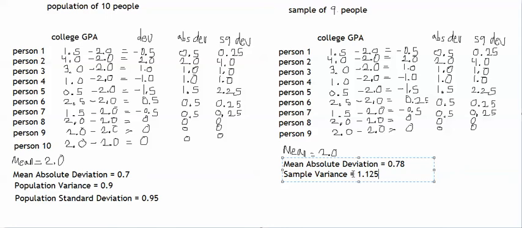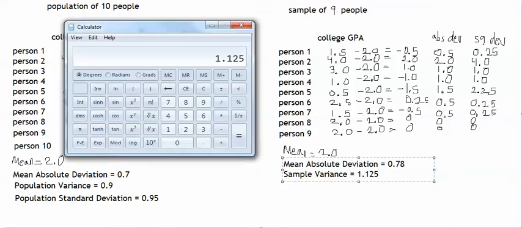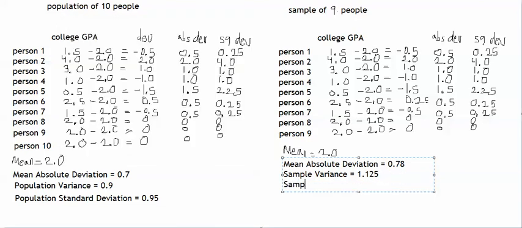And then whatever the square root of the sample variance equals is what the sample standard deviation will be. The square root is 1.06. Notice how the standard deviation and the mean absolute deviation come out to about the same number.